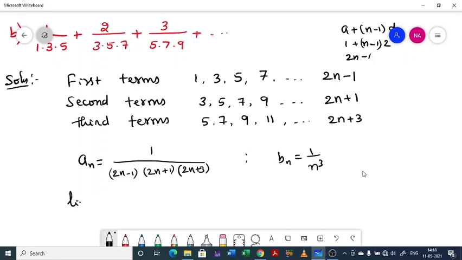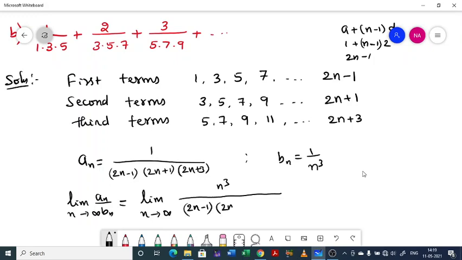So limit of an by bn as n tends to infinity equals limit as n tends to infinity n cube divided by, I am directly writing this step. You have to simplify it carefully. So 2n minus 1, 2n plus 1 into 2n plus 3.